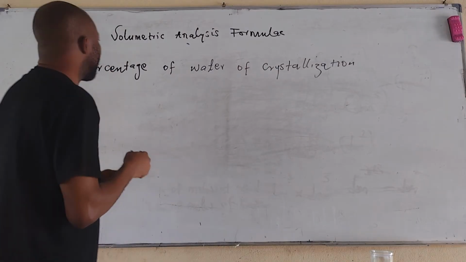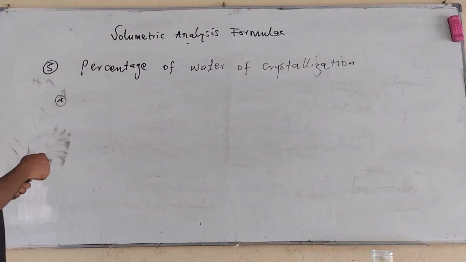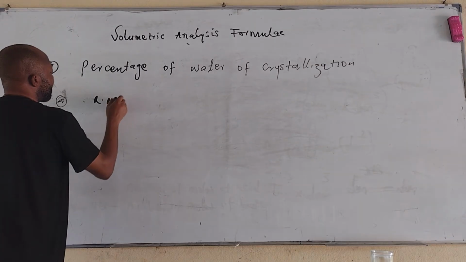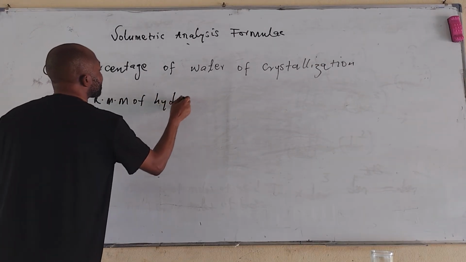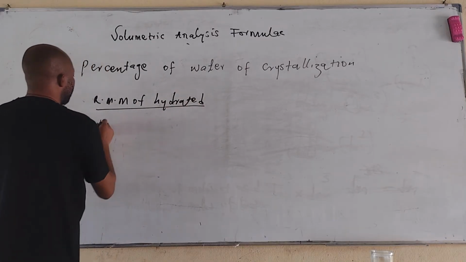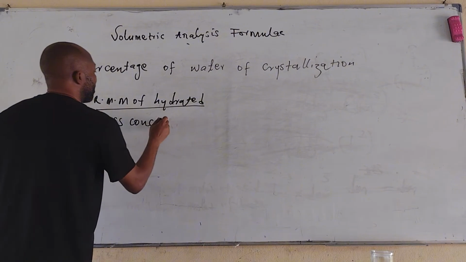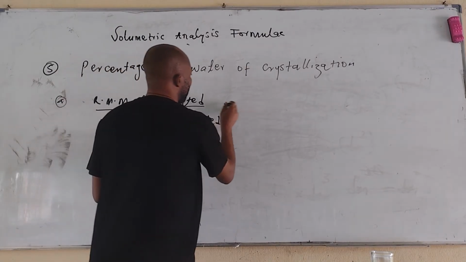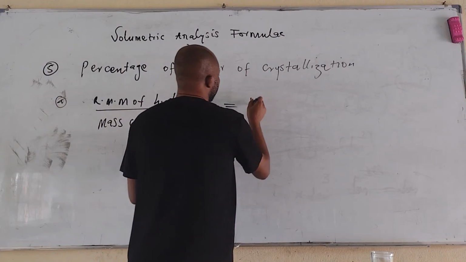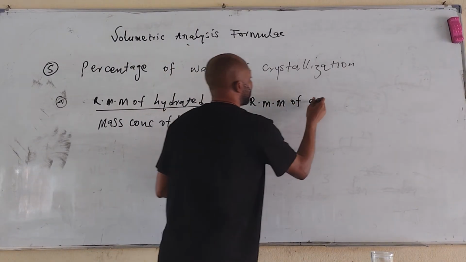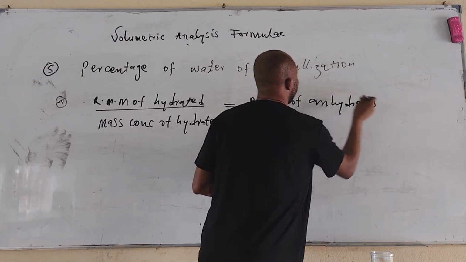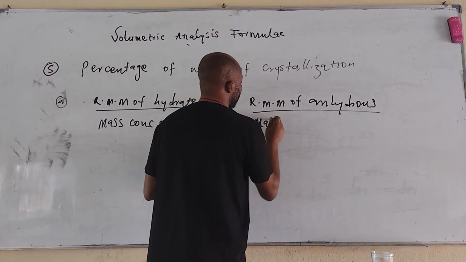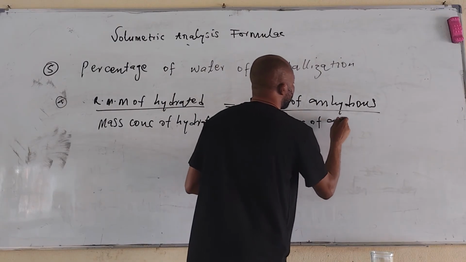For percentage of water of crystallization, A. In A, we have the relative molecular mass of hydrated substance over the mass concentration of hydrated is equal to the relative molecular mass of anhydrous over the mass concentration of anhydrous.